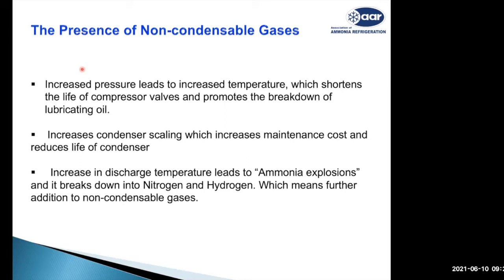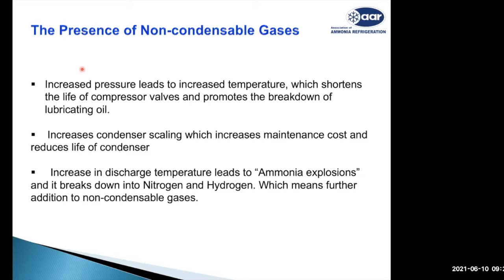It is also said that the increase in temperature leads to ammonia explosions, particularly when you are using piston compressors, where the possibility of ammonia explosions is high. Ammonia is NH3, that is, nitrogen 1 and hydrogen 3.